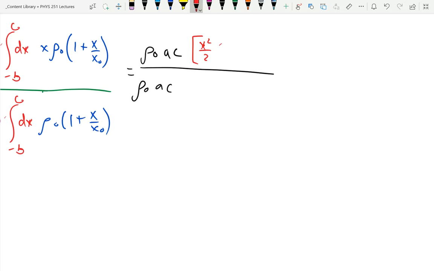And then I have x times x, so x squared over x0 dx. If I multiply through x times x over x0, that gives me x squared over x0 dx. So what's the integral of x squared? x cubed over 3. And on bottom, the integral of dx is x. The integral of x over x0 dx is x squared over 2x0.